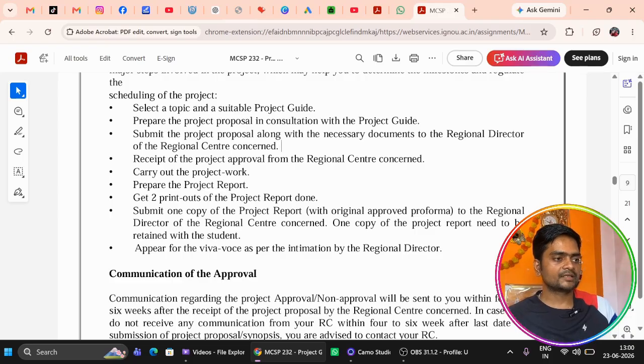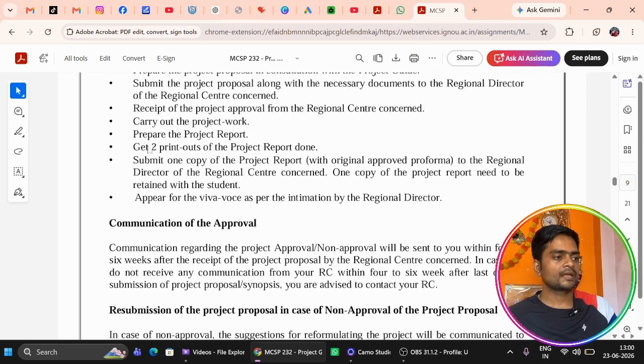Receive the project approval from the regional center concerned. Carry out the project work. After approval, you can carry out the project work, prepare the project report, and get two printouts of the project report done. Submit one copy of the project report with the original approved pro forma.